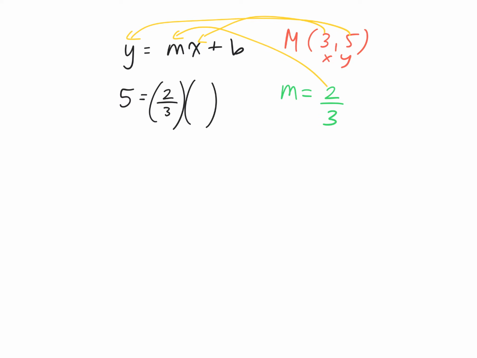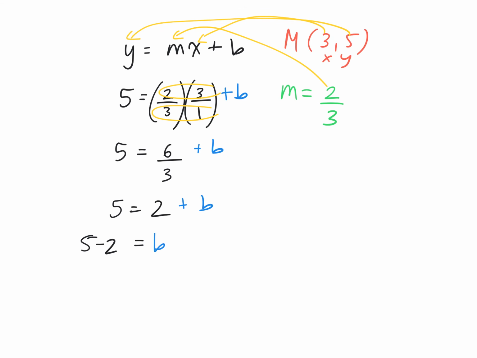I'm going to write X as a fraction, 3 over 1, plus B. So multiply fractions. 2 times 3 is 6. 3 times 1 is 3, plus B. What's 6 divided by 3? 2, plus B. I need to isolate B. 5 take away 2, because I'm taking away 2 from here. 5 take away 2 is 3.